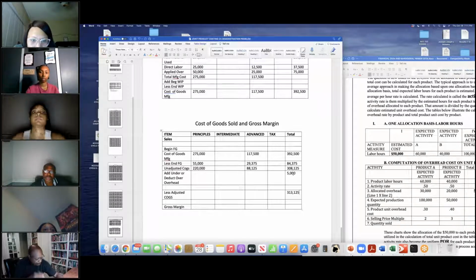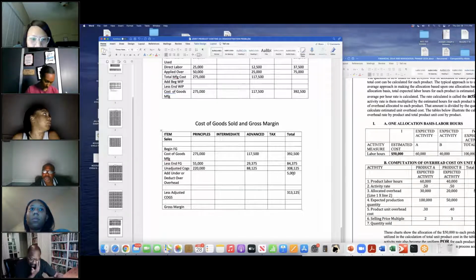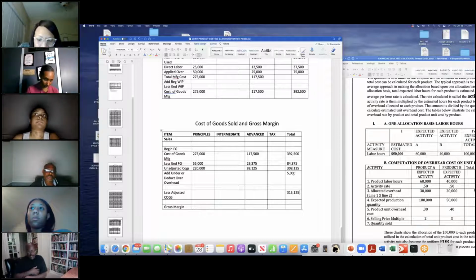So let's see. In the primer on page 348 is a joint product and activity-based costing in-class problem.